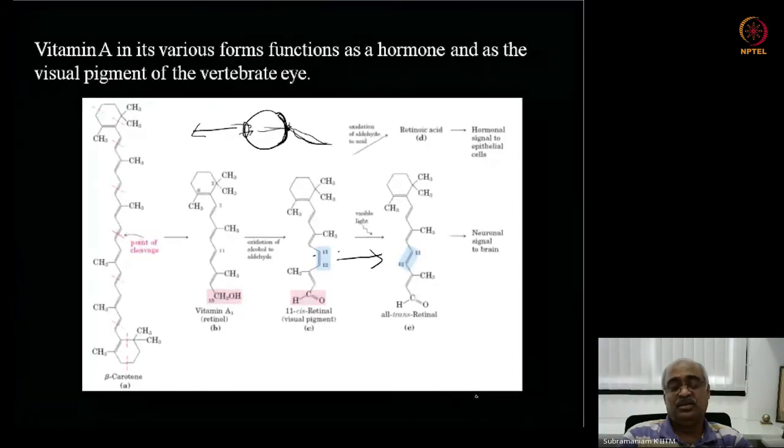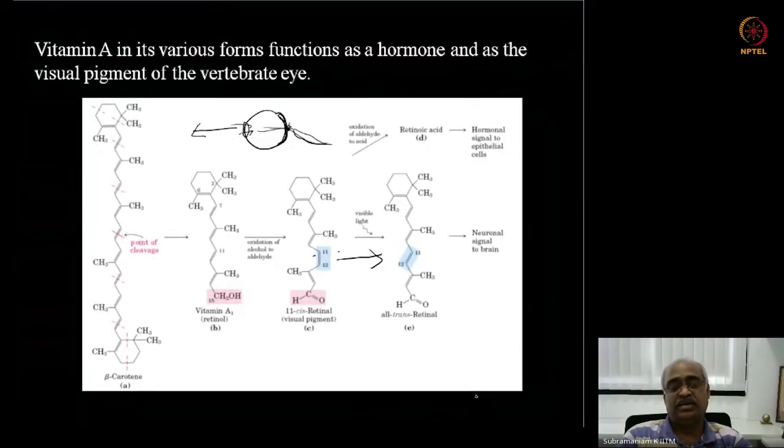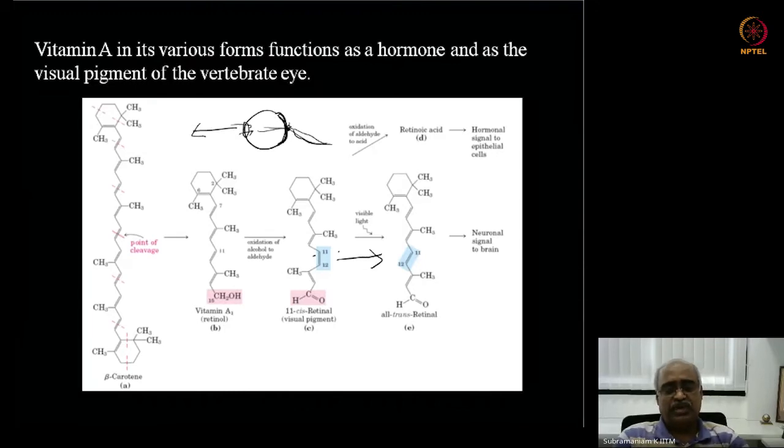And the growth retardation, etc., all are restored. You really do not need serious food supplements to make those children come to normal. So this is the profound effect of vitamin A.